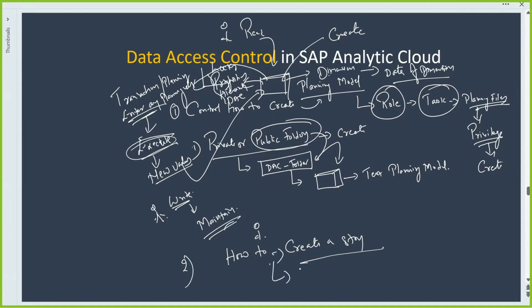Then how to edit or modify, delete, or share. So these are options. We have seen all your story rights for that. These are all your structural information, like creating a model, creating a dimension, and inserting the data. Up to this point, it is fine.